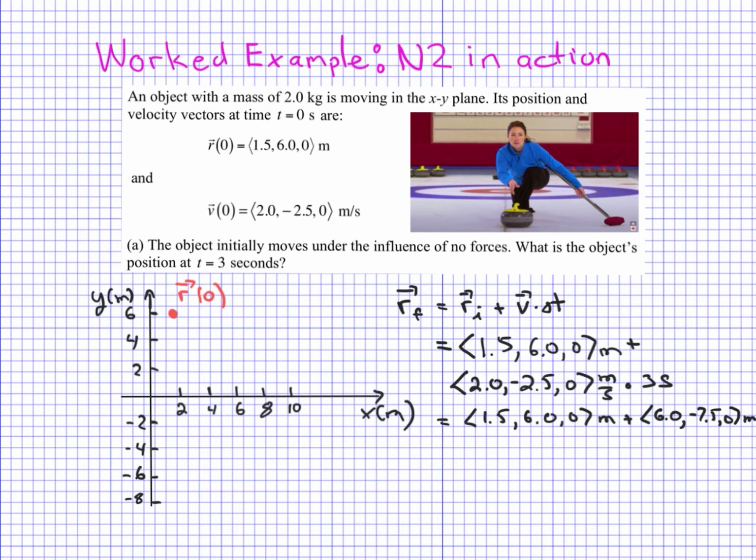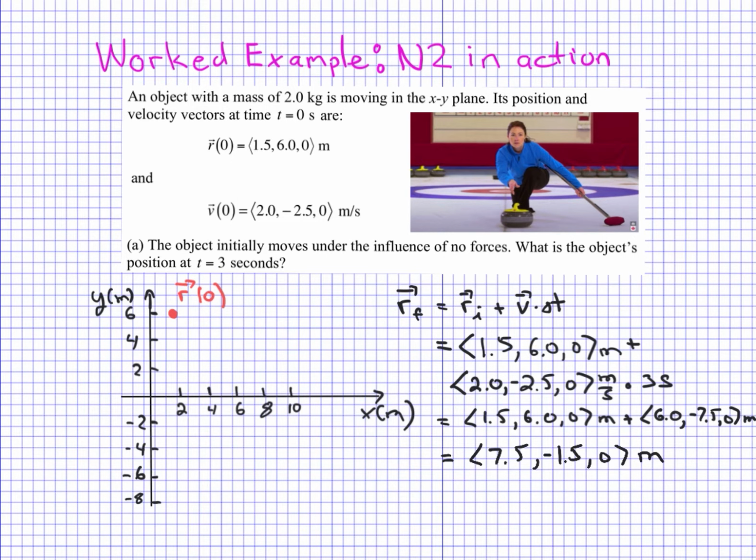The rules for adding vector quantities like this are just that the individual components add. So we're left with the final position: 1.5 plus 6 is 7.5, 6 plus negative 7.5 is minus 1.5, and 0 plus 0 is 0.